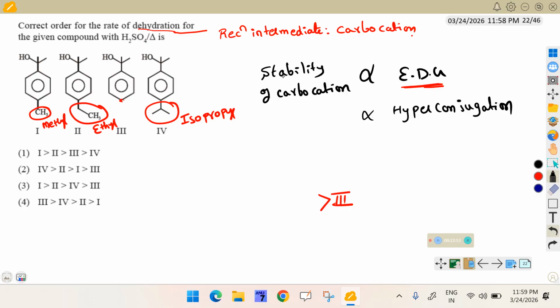Stability of a carbocation is explained on the basis of electron donating groups as well as hyperconjugation. In the first structure, CH3, 3 alpha hydrogen atoms are present. This is the alpha carbon, CH2, CH3. 2 alpha hydrogen atoms are present.